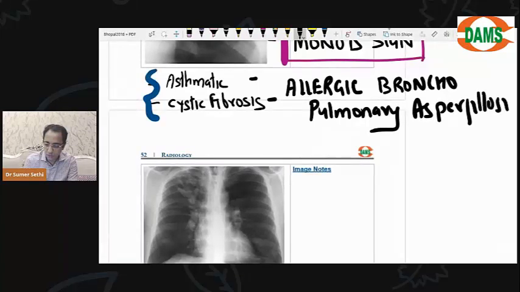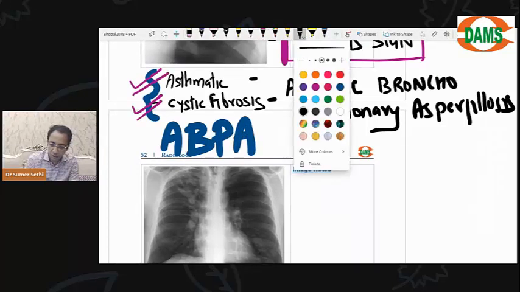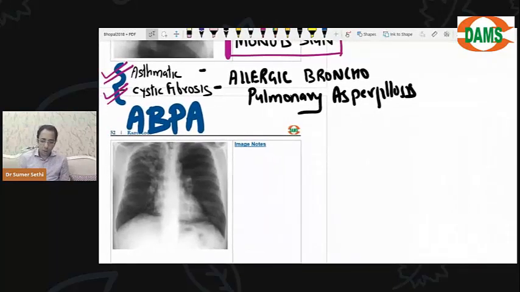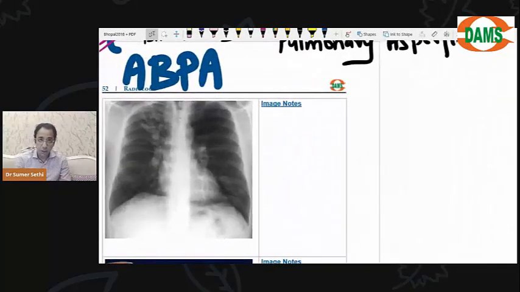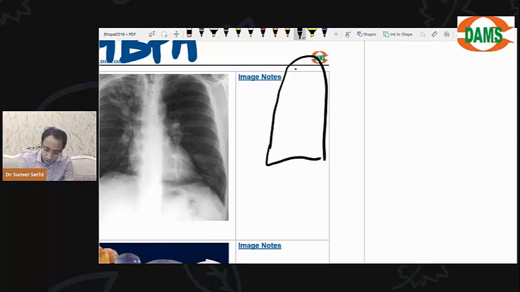Have you heard of this so far? So in which kind of patients do we see ABPA? ABPA is seen in asthmatics and cystic fibrosis patients. Everybody clear? Okay. Now, how do we identify ABPA on a chest X-ray is very often asked in your exams. So let's see an answer. Suppose these are your lungs and these are your bronchi.